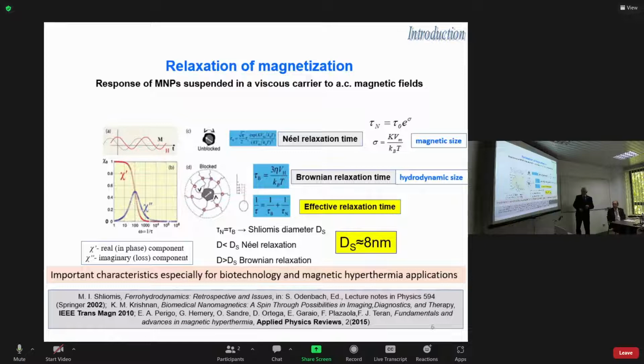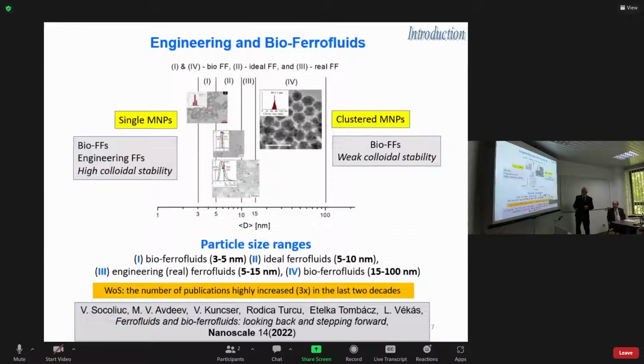Okay, let's go then to this synthetic image. What sizes are actually involved in what we call ferrofluids? The conventional one, or ideal, as I call it, is between 5 and 10 nanometers.